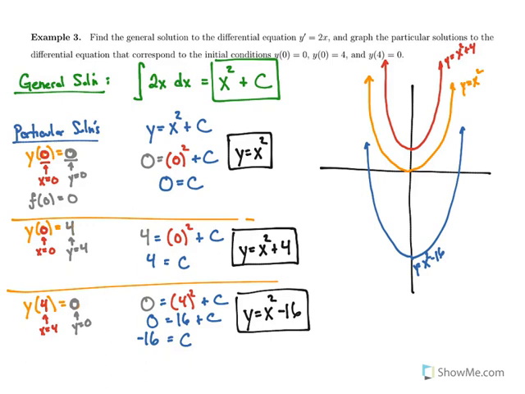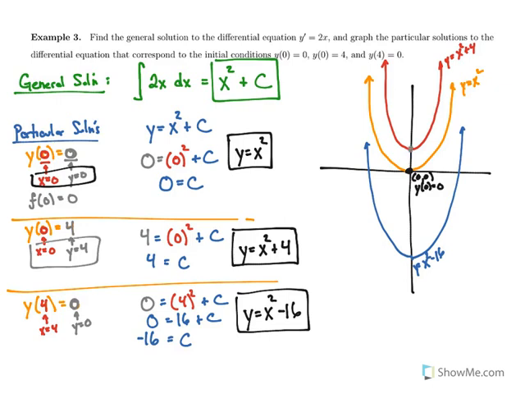And what I want to draw your attention to is that we said that when we have this initial condition, this is like the point x equals 0, y equals 0. And this is indeed the solution that goes through the point 0, 0. That's corresponding to this equation, y of 0 equals 0. The next one we have x equals 0, y equals 4.